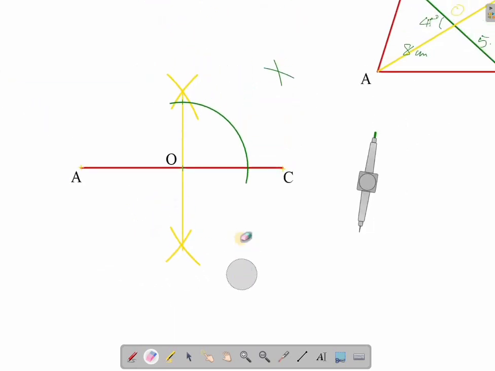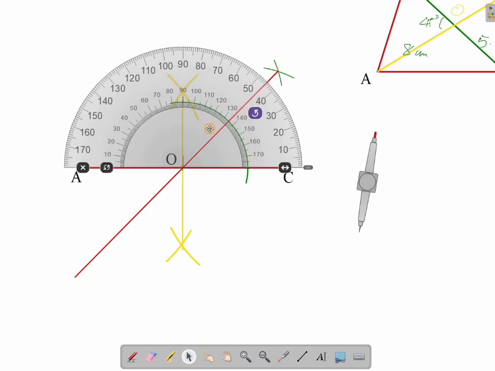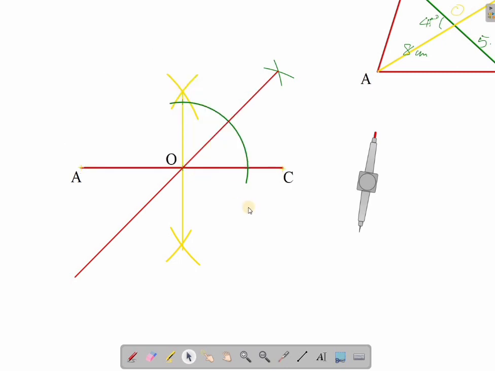Yes, so now join. You will directly get 45 degree angle. Not only joining, you can extend also. So keep it at this point, passing through O, and just extend it. Now let me take the protractor and check whether it's 45 degree or not. Yes, can you see that? It's exactly 45 degree. Okay, so I have made it 45 degree.